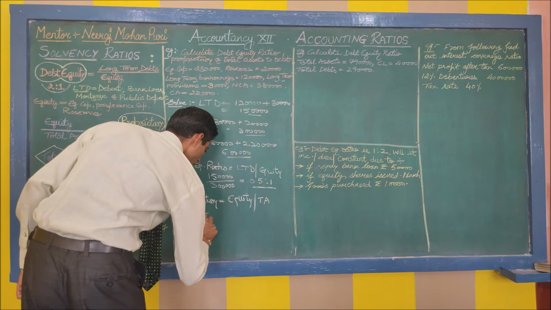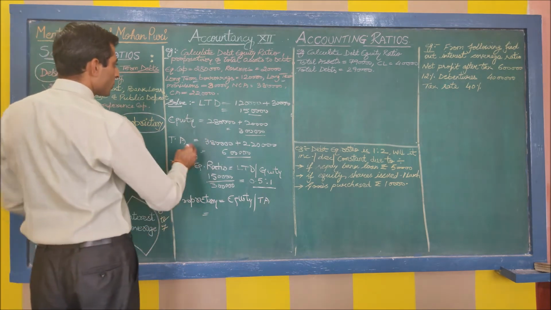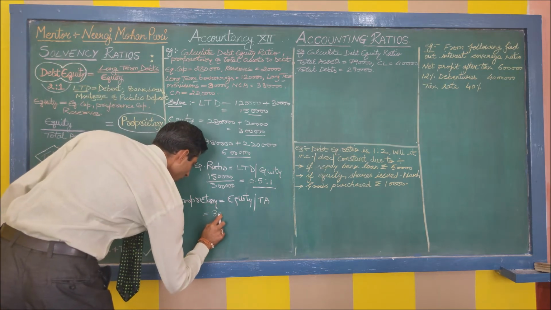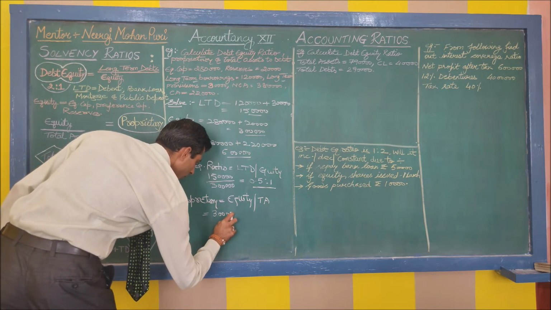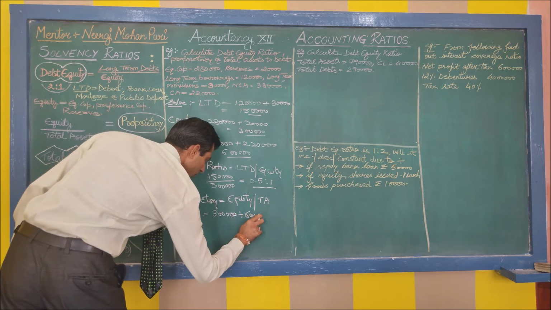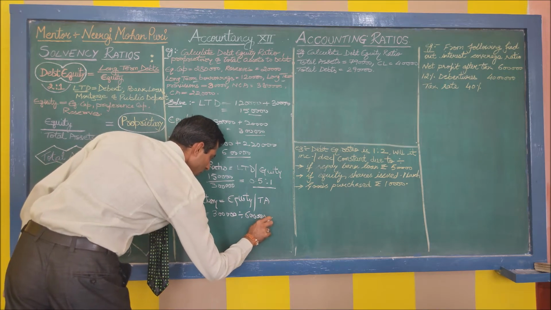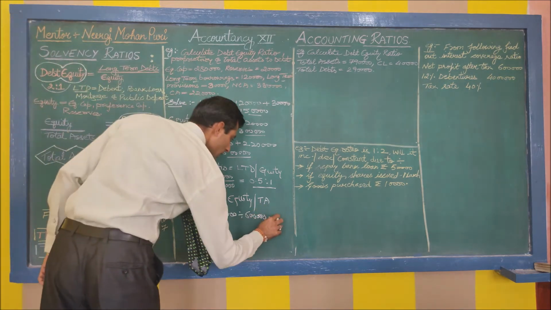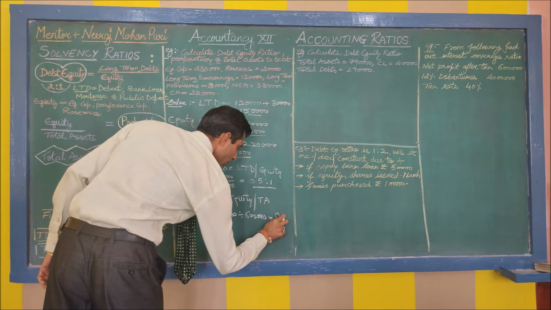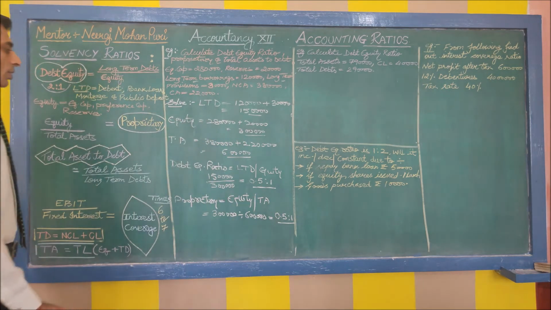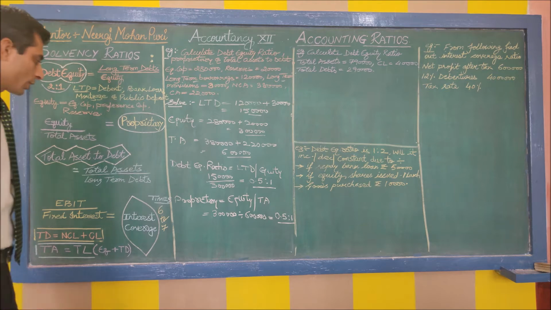By substituting the value, equity is 3 lakh and total assets are 6 lakh. 3 lakh divided by 6 lakh is equal to again 1 upon 2. That is 0.5:1. This is also a satisfactory situation.